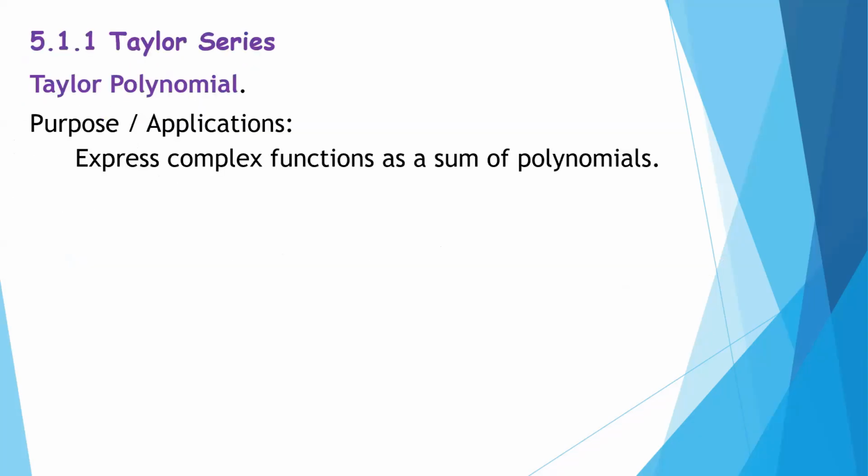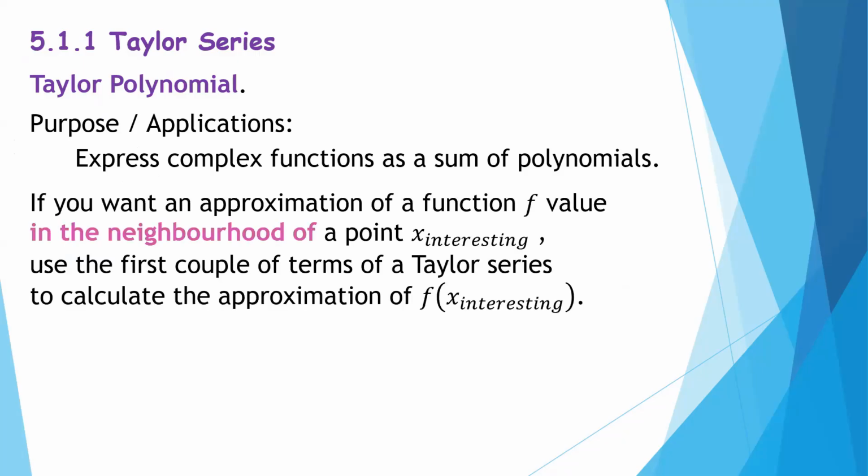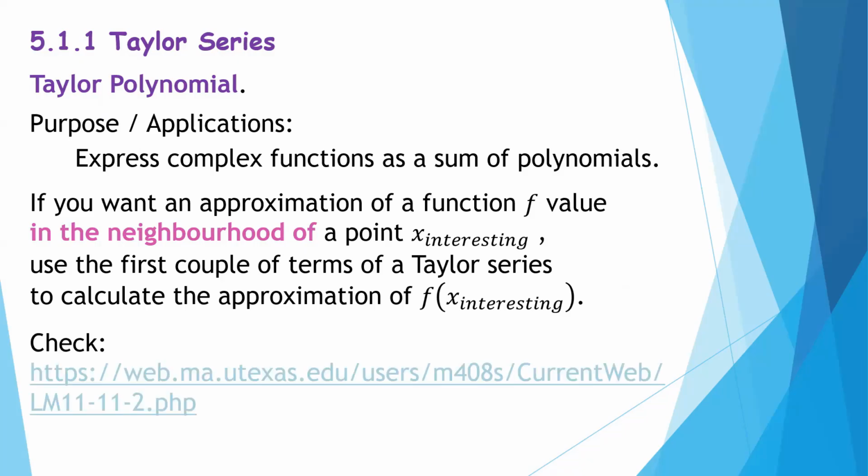As I told you, the purpose is to express a complex function as a sum of polynomials. So this is an approximation. We approximate our function f by a polynomial in the neighborhood of some interesting values of x.